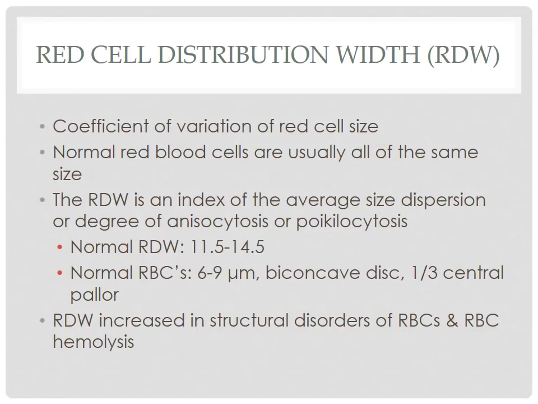If there are problems such as anemia or hemolysis, where red cells are breaking down or red cells are smaller or larger than they should be, the RDW will increase, meaning that there's a larger difference between the size of one cell and another. This is usually due to problems such as anisocytosis, which is variation in size of the cells, or poikilocytosis, which is variation in the shape of the cells. Our normal range for RDW is 11.5 to 14.5. As there is more difference, you will see that RDW increase.